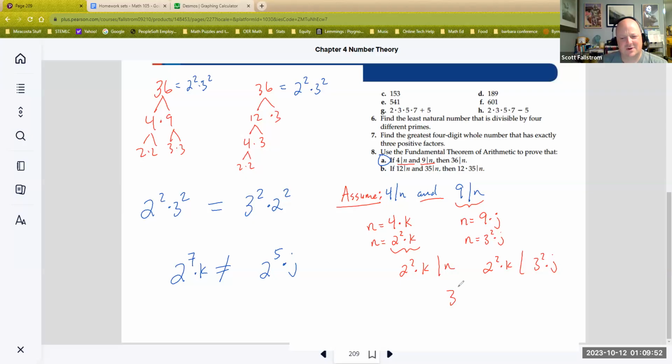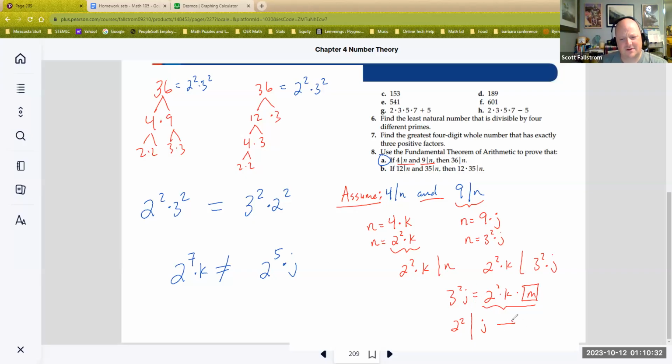And that means that 3 squared times j has to equal 2 squared times k multiplied by some whole number to make that work out. I could choose any whole number, just make sure it's not a variable you've chosen before so we don't get too jumbled up. Over here on the right-hand side, I have a factorization that includes a 2 squared. I don't see a 2 squared on the left-hand side, which means that 2 squared must divide j. That's because in order for these to be equal, if 2 squared divides the right-hand side, it has to divide the left-hand side.